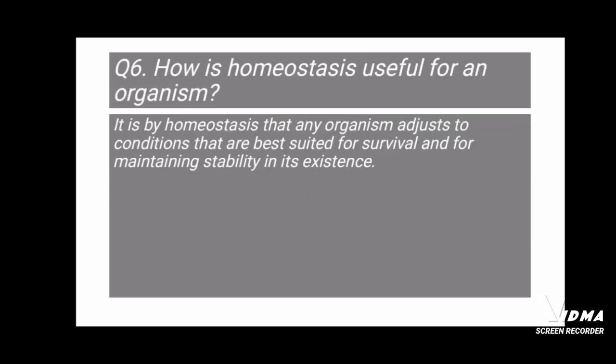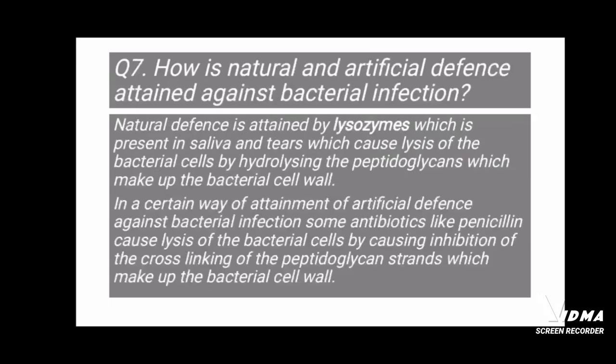Question 7. How is natural and artificial defense attained against bacterial infection? Natural defense is attained by lysozyme, which is present in the saliva and tears, which causes lysis of the bacterial cells by hydrolyzing the peptidoglycans which make up the bacterial cell wall.